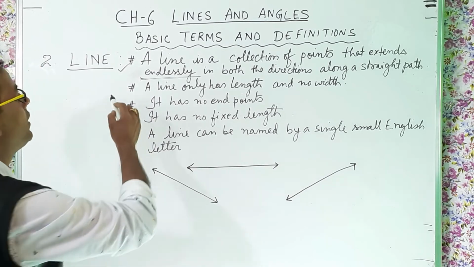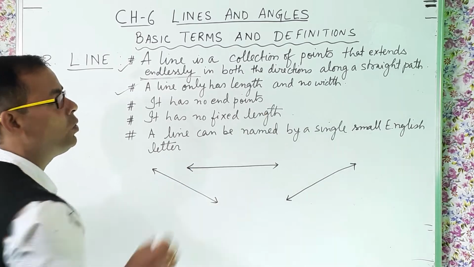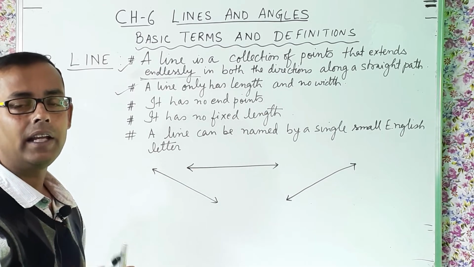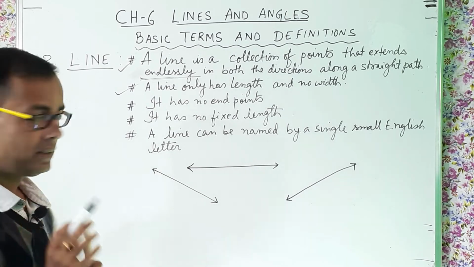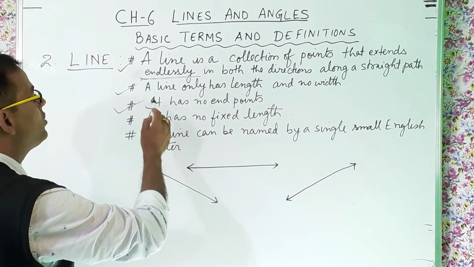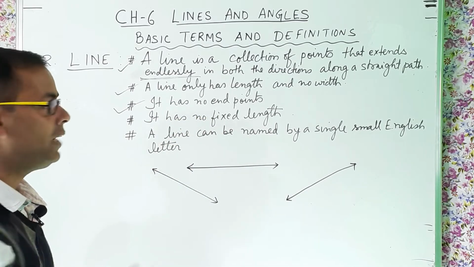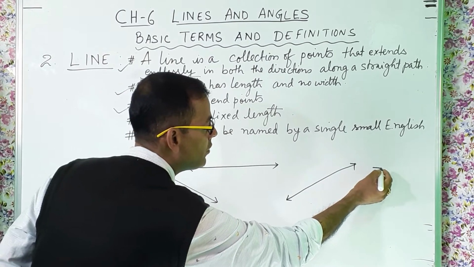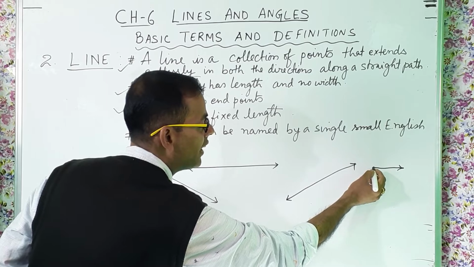The second point is, a line only has length and no width. So a line has length only. There is no width, that means there is no breadth. The third one is, it has no end points. An end point means, suppose if I draw this one, here one end point is there, it is starting from here.